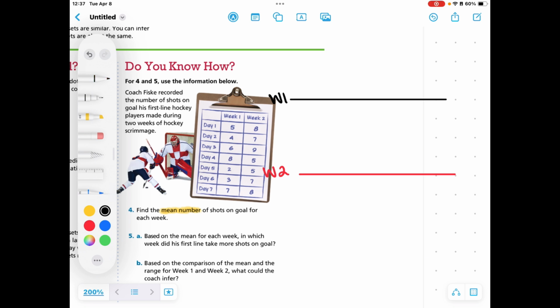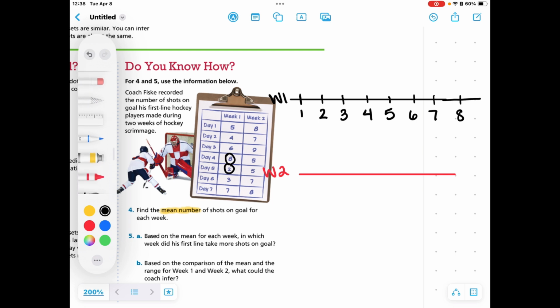So let's see here. It looks like week 1, we have a 2 to 8. So I'm just going to do 1, 2, 3, 4, 5, 6, 7, 8. I want to make sure all my numbers are there. Now from there, we got to add 8 or the different dots.